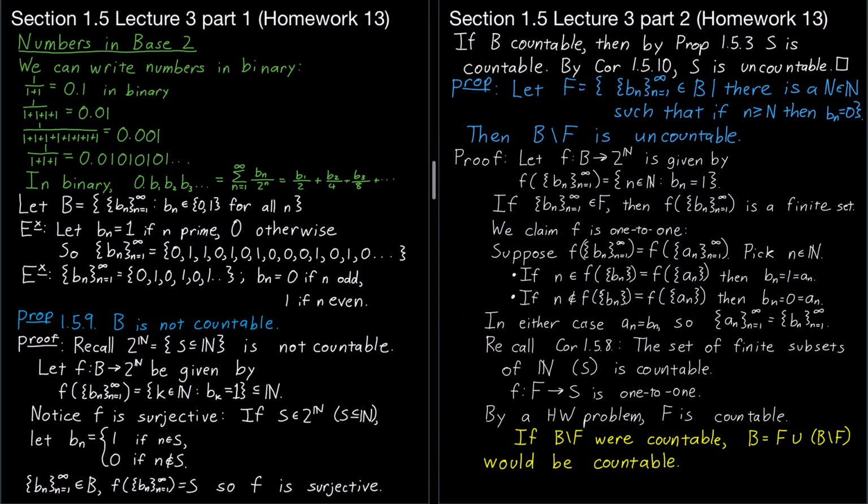It should be pretty clear at this point that if you take the union of two countable sets, you get a countable set. B is not countable. So B minus F is uncountable. And that's what we wanted to prove.